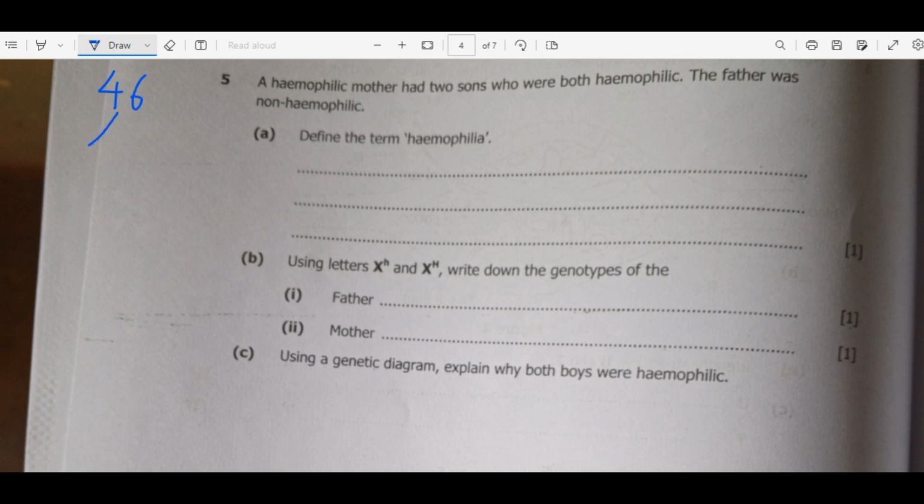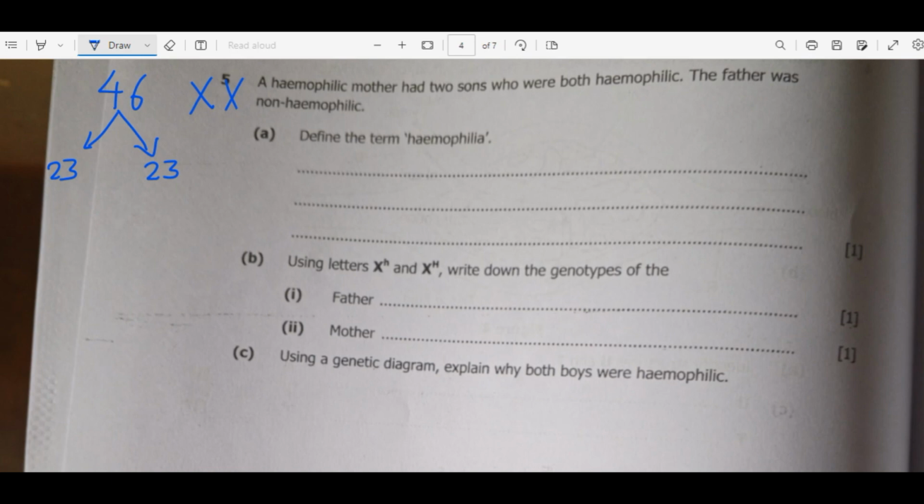In these 46 chromosomes, 23 came from the male parent, and the other 23 came from the female parent. Out of these 23, there is one sex chromosome. Let's say the person that we are dealing with here is a female, and we know that a female is going to have XX.